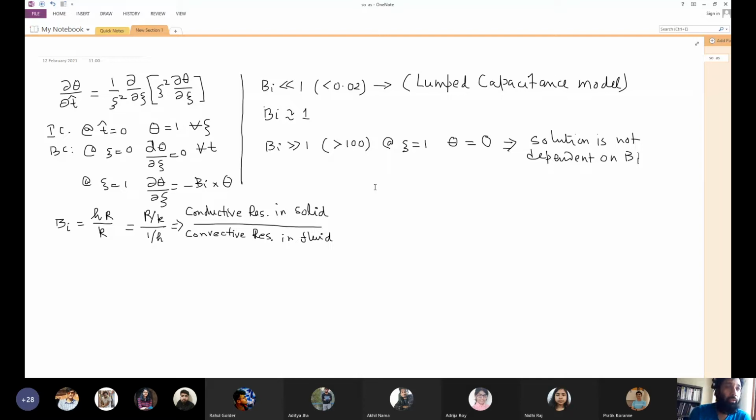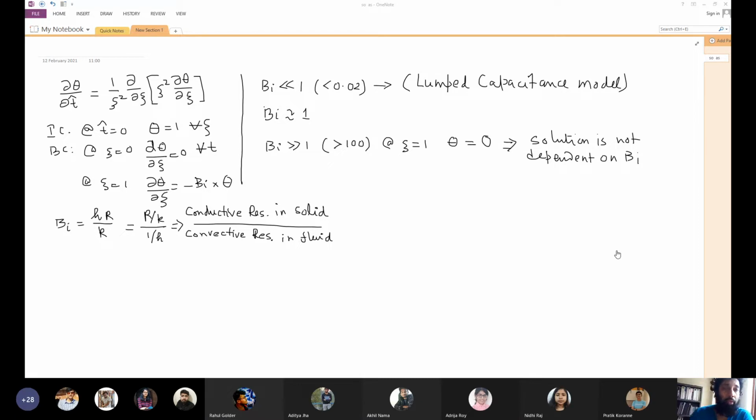Now the question is, how will you solve this equation? Any idea? You know that solution, of course, that's why I'm asking. It's not something new to you.